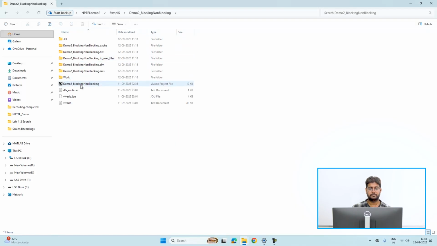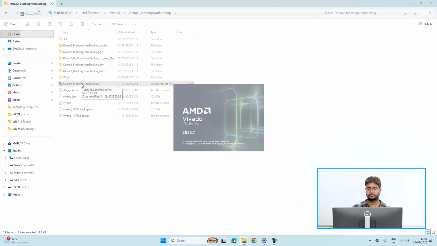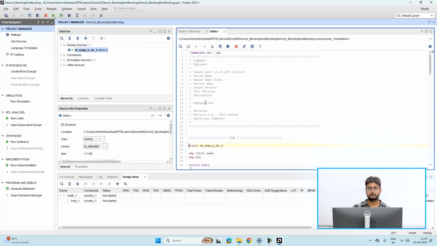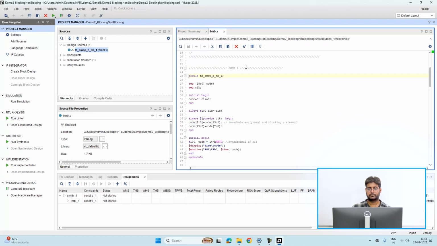First example. This is code 1. We have 4 different codes: 2 with blocking statements, which have immediate assignment, and the next 2 with non-blocking assignments, which have delayed assignment and immediate evaluation.